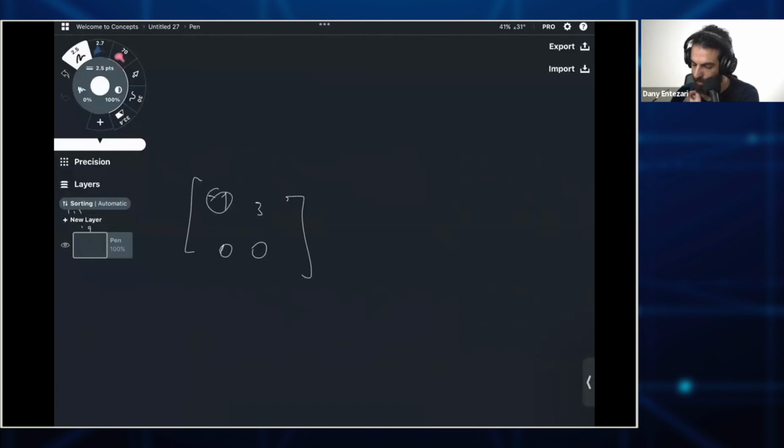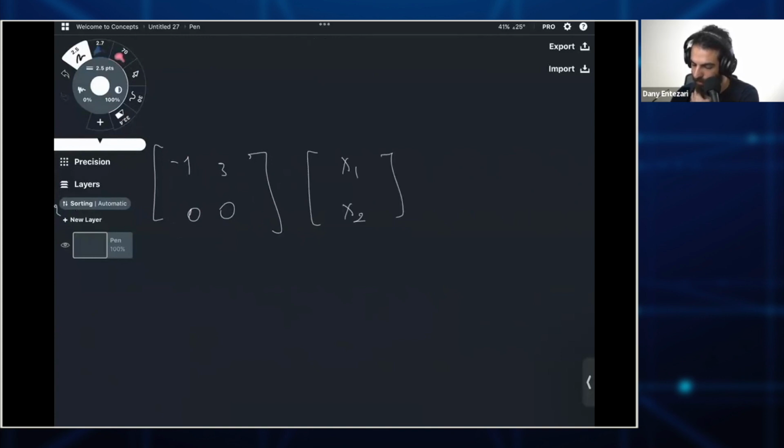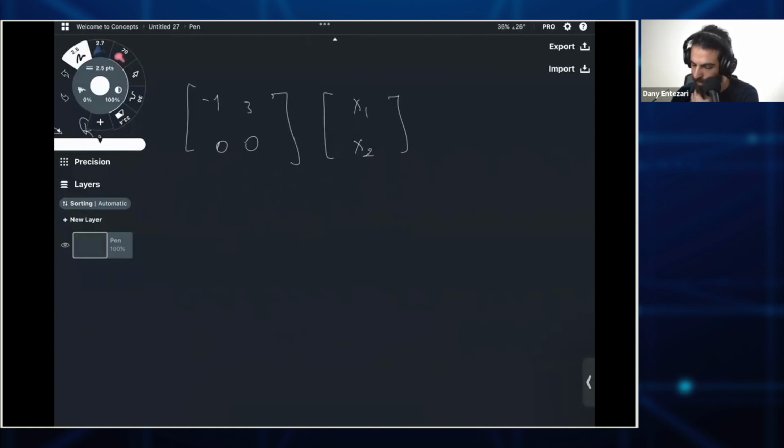Now we can plug these values into the equation. So remember, we have x sub 1 and x sub 2, and we want to know what these are. So we're going to say -1 x sub 1 plus 3 x sub 2. These are the values of x sub 1, x sub 2, because if we multiply this matrix with that vector, we will get these numbers.